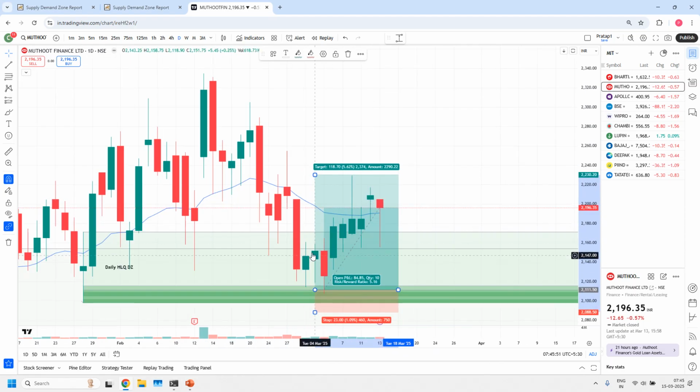Probably those who analyzed this stock on 4th March, end of the day, they would have got the trade on the 5th March. And this is on 10th March. 10th March, it already achieved 1:5 RR.